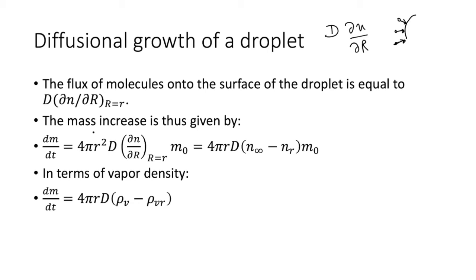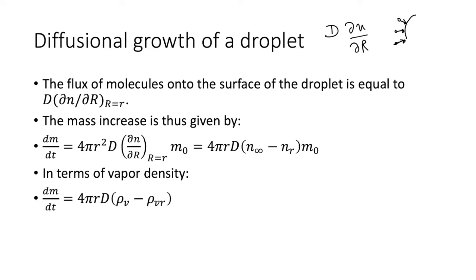The flux is the amount of stuff that's coming at you over an area, and so if you want to know how much stuff is coming at you, just multiply by the area and multiply by the mass, right? Because n is giving you a concentration, so you have to multiply by the mass of the droplet, okay?